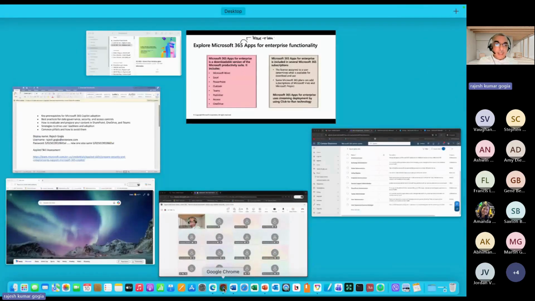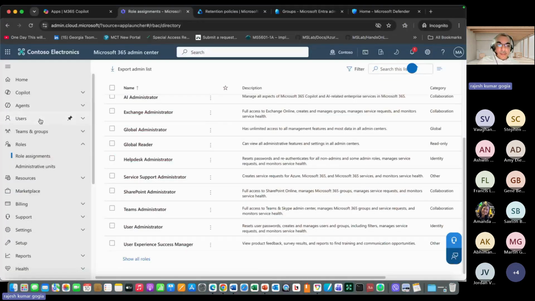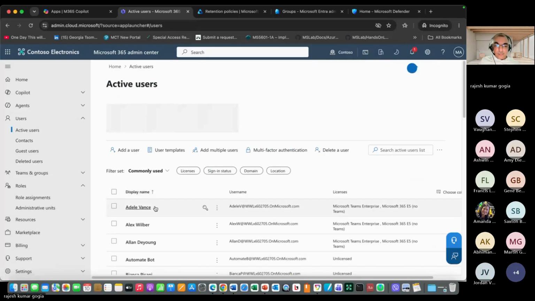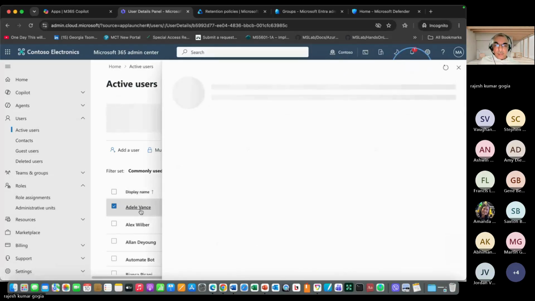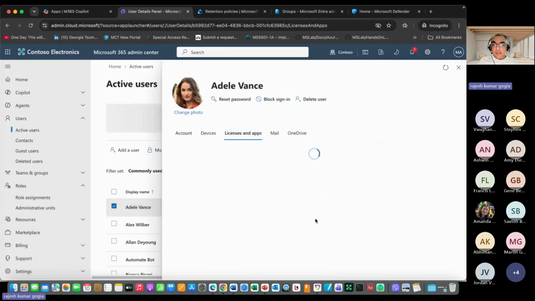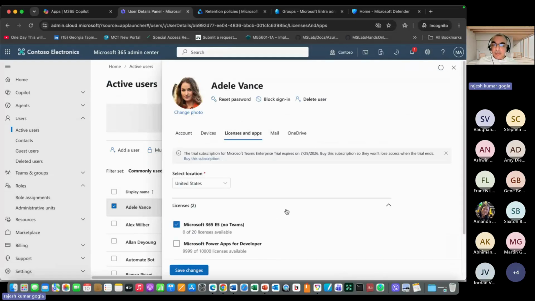See here, if you go down to the users, what license is being assigned, that defines what access to the apps you will have.